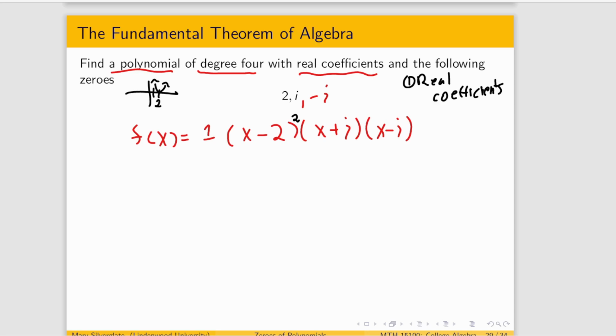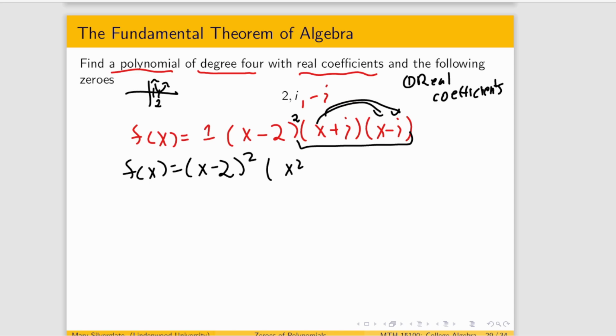And now let's just expand this out. So for the first part of it, I would just leave the x minus 2 all squared exactly as is. And then I would expand out this in order to figure out what those real coefficients are going to be. So you do x times x is x squared, x times i is minus ix, i times x is plus ix, i times negative i is minus i squared.